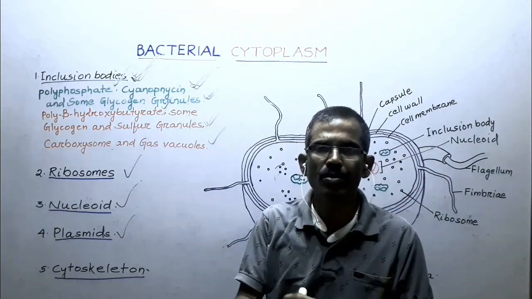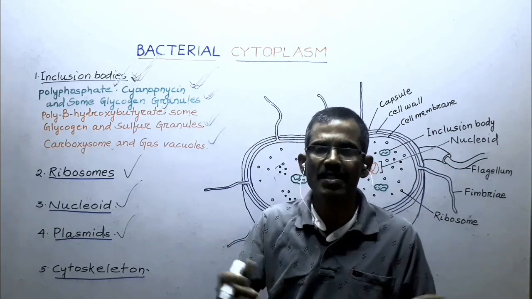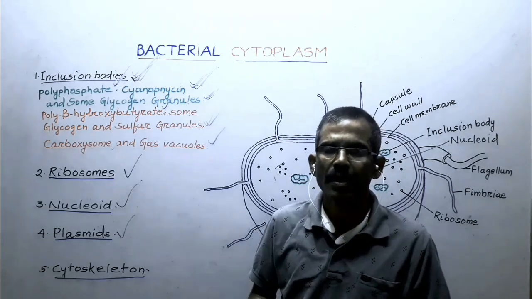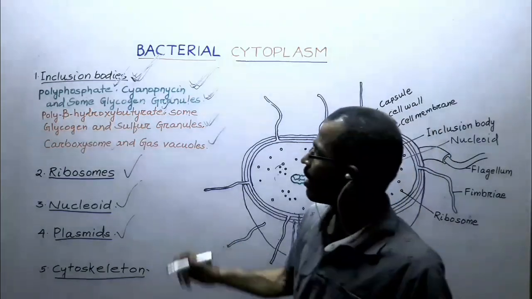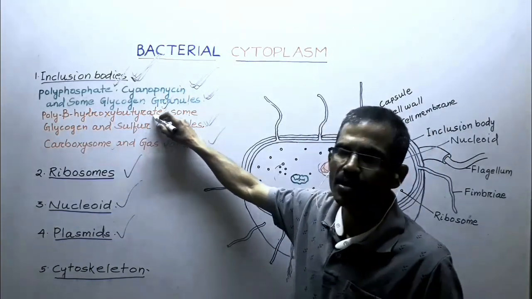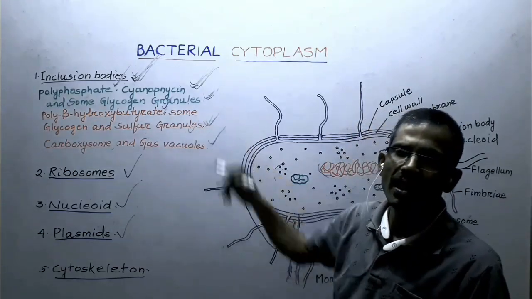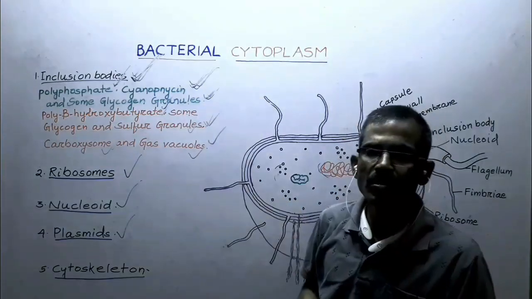The remaining inclusion bodies are enclosed by a single-layered membrane of thickness 2 to 4 nanometers. Examples of enclosed inclusion bodies are poly-beta-hydroxybutyrate granules, some glycogen and sulfur granules, carboxysomes, and gas vacuoles.